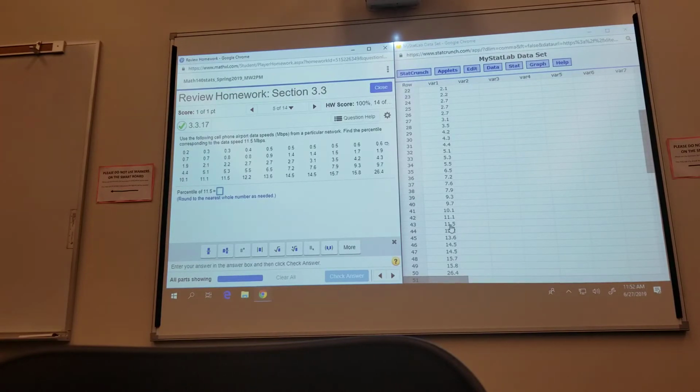So how many numbers are before 11.5? 44. Okay, so is that our answer? Well, you'd have to divide it by however many numbers there are in total. It's 50. So it's 22? Is that what you got?